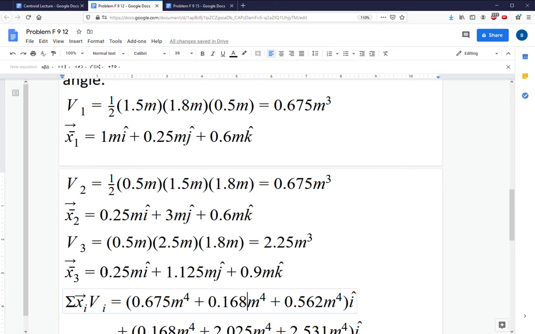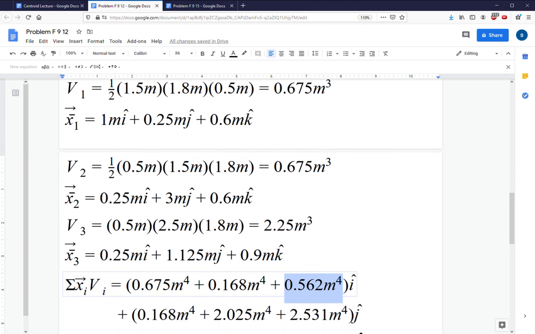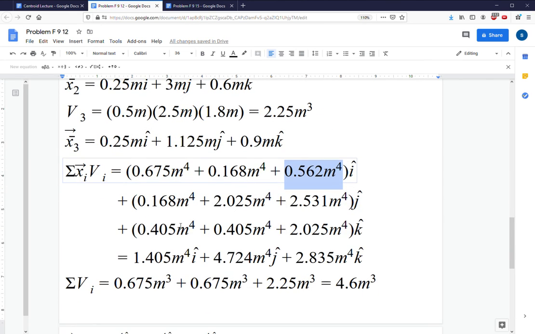And this is 0.25 meters times 2.25 cubic meters. Same thing with y, and same thing with z. And we get that the total quantity, the weighted location, is 1.4054 meters to the fourth i plus 4.724 meters to the fourth j plus 2.835 meters to the fourth k.